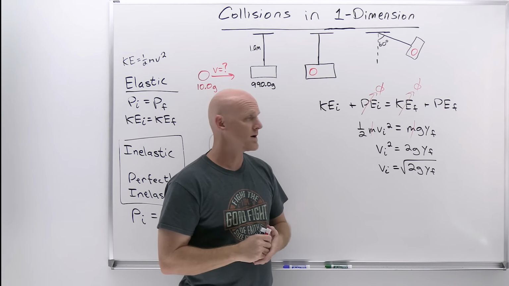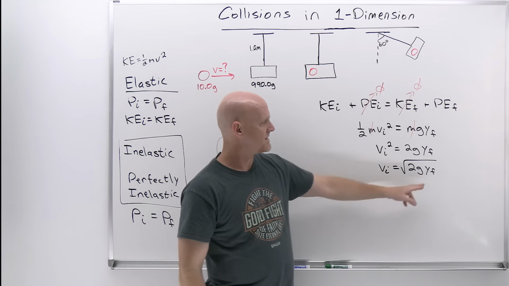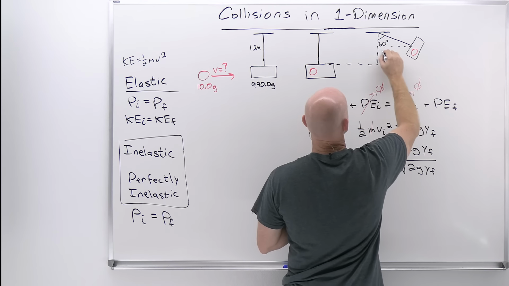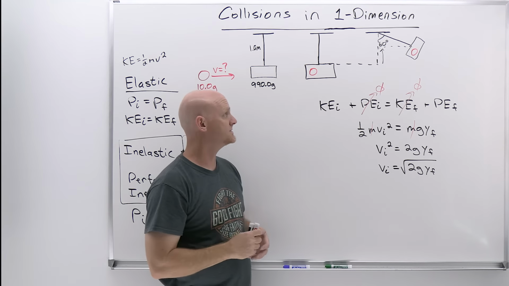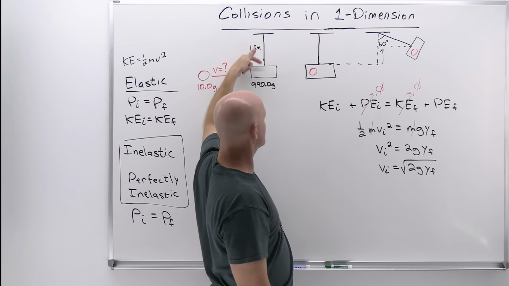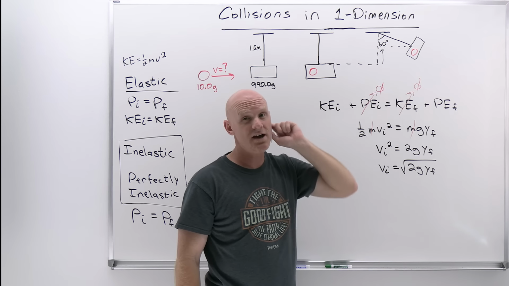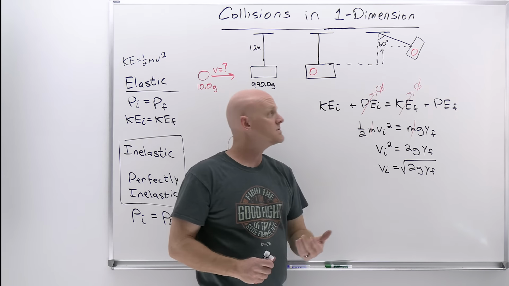Now, to figure out what that final height is, we want to know, going back over here, how much higher is it than our zero height, if you will? Well, got to use your trigonometry here, and so we can see that this adjacent side right here would be the 1 meter times cosine of 60. I use this on purpose because the sine of 30, if you recall, is 1/2.